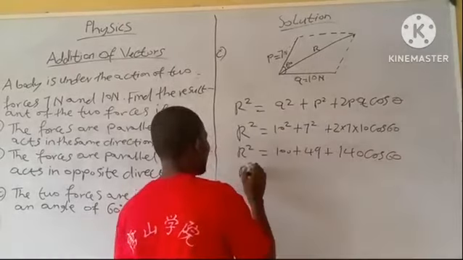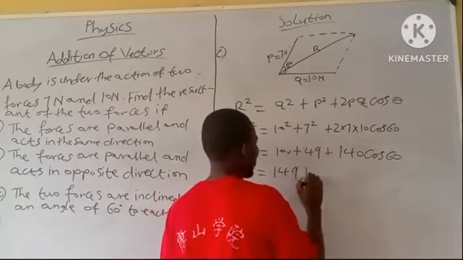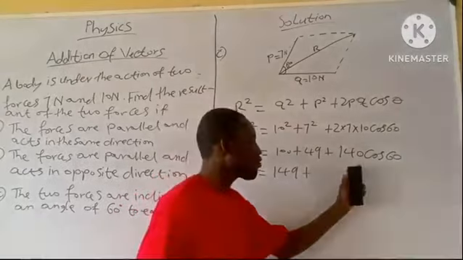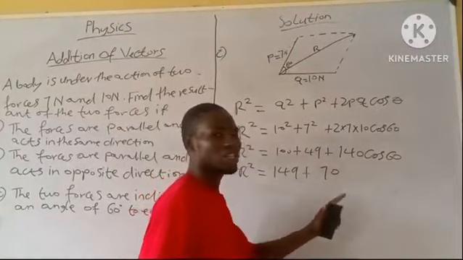So R squared is equal to 100 plus 49, which gives 149, plus. Now use your calculator. You press 140 cos 60, and it will give 70.